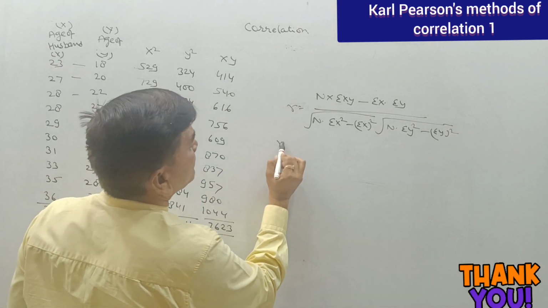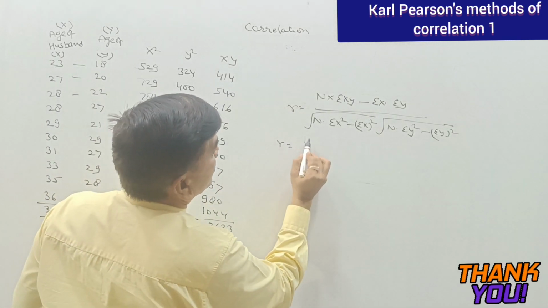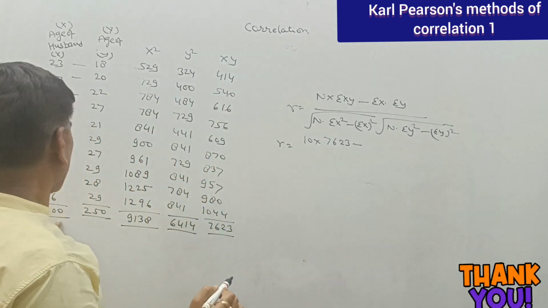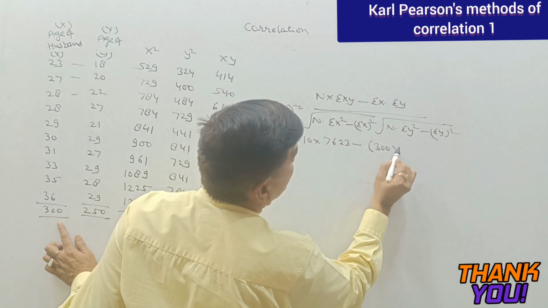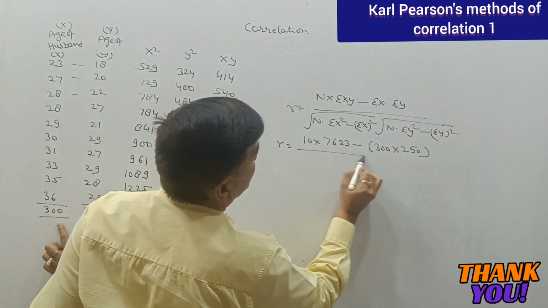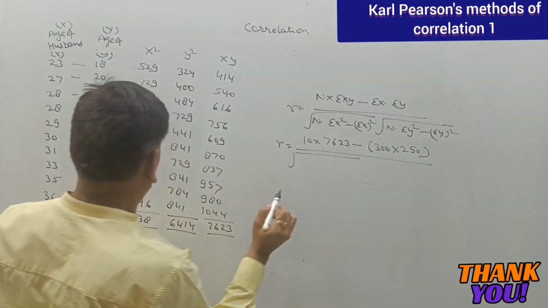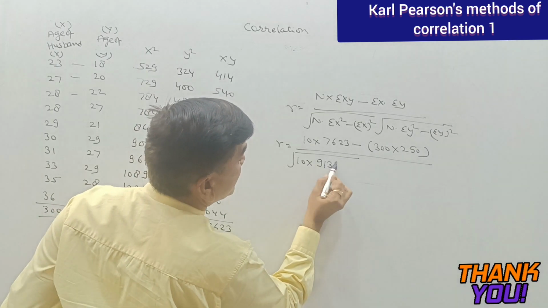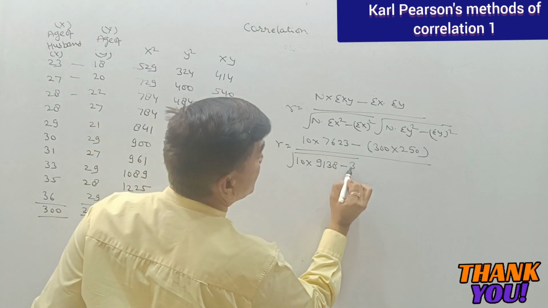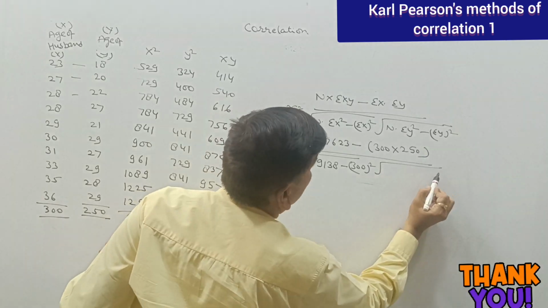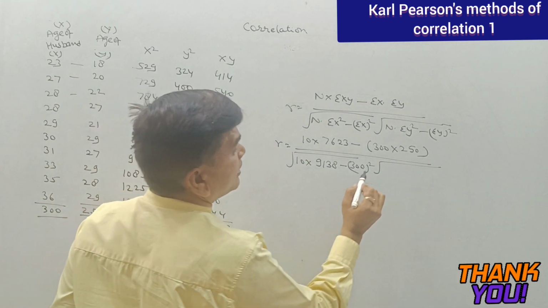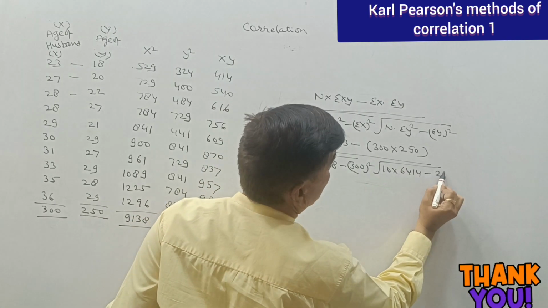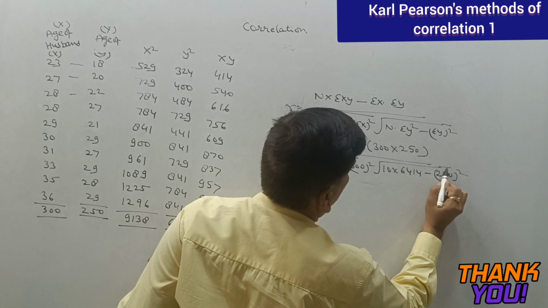So putting these values in the formula: 10 multiplied by sigma xy 7623 minus sigma x is 300 times sigma y is 250, divided by, in the first under root, 10 multiplied by 9138 minus 300 raised to power 2, and in the second, 10 multiplied by 6414 minus 250 squared.